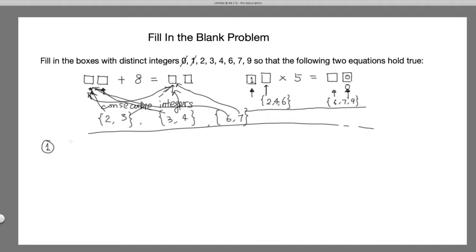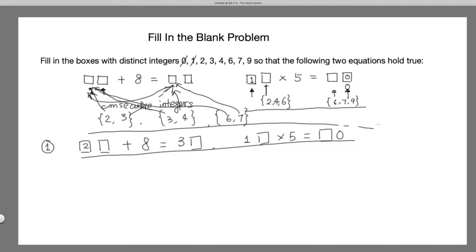The first case is that the first digit is 2: 2-something plus 8 equals 3-something, and 1-something times 5 equals something 0. The remaining digits are 4, 6, 7, and 9.